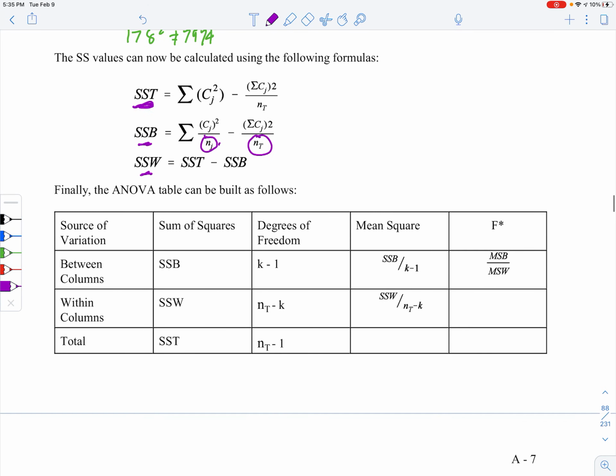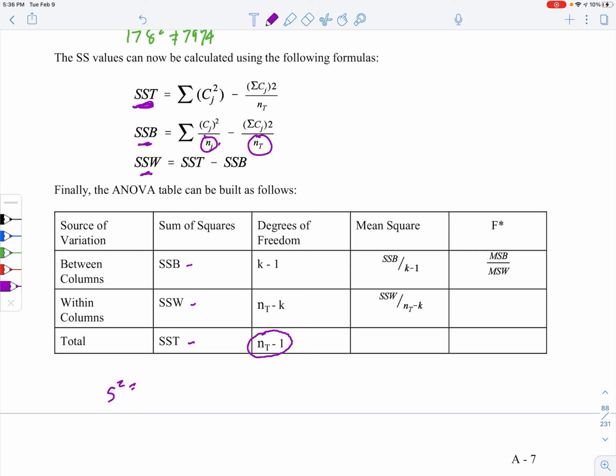What you find is that when people work through ANOVAs, they'll find that it's good to put this all into a table. So what we've got here is an SSB row, an SSW row, and an SST row. And then the degrees of freedom for SST are NT minus 1.